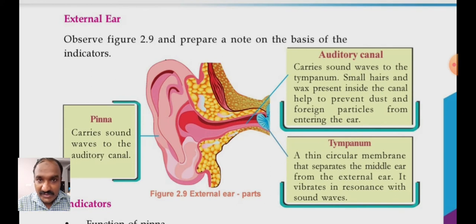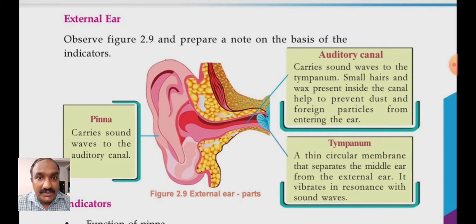When the sound waves come, this tympanum will vibrate. In resonance means according to. So, according to the sound waves, the tympanum vibrates. That is the function of what? Tympanum. So two functions are there. One, separating the middle ear and external ear. Second one, it vibrates according to the what? Sound waves. Is it okay?